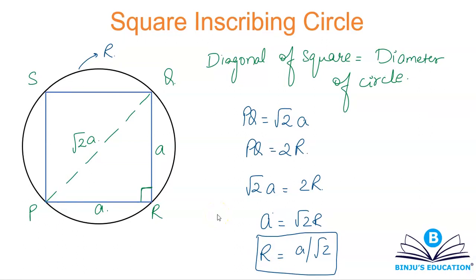So in the previous case it was side by 2, in this case it's side divided by root 2. So R is side divided by root 2.